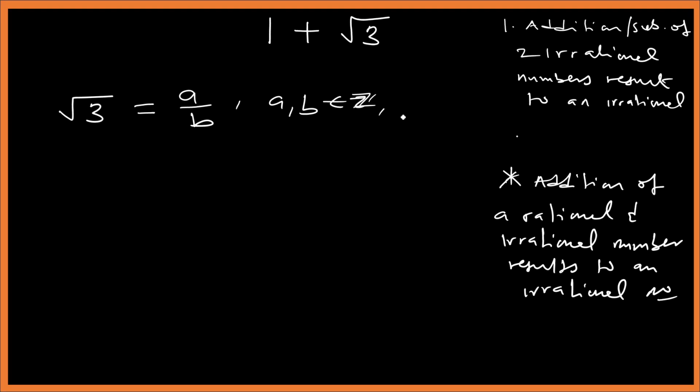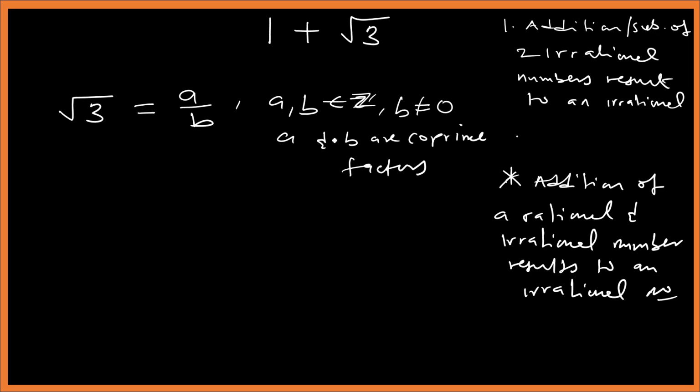and b is not equal to 0. Then a and b are co-prime factors. What it means is that a and b should not have common factors, so no common factors except 1.